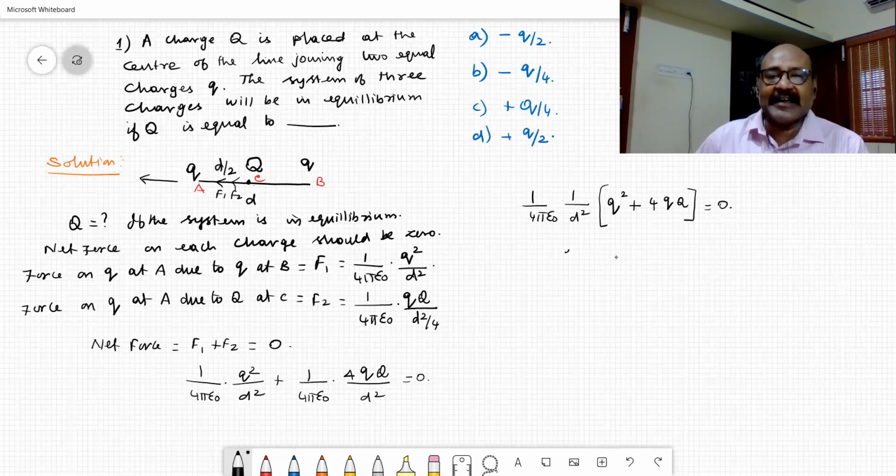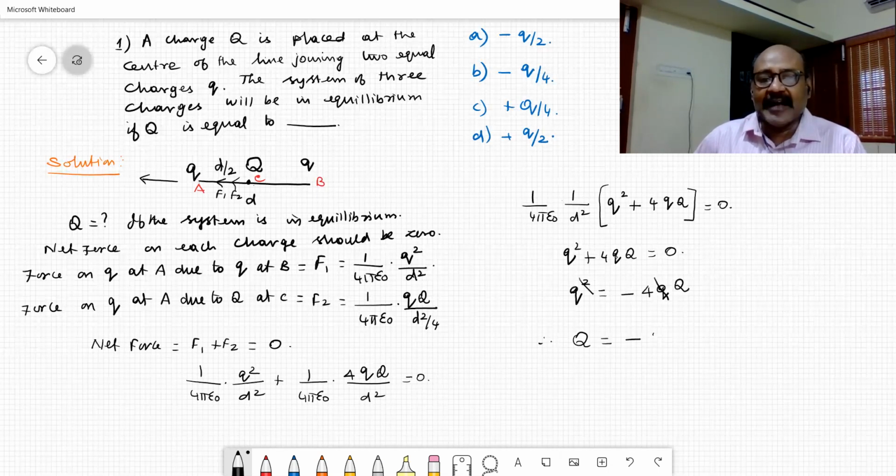So q square is equal to minus 4 into small q into capital Q, taking it to the other side. One of the small q can get cancelled. Therefore, I will be getting the value of capital Q as minus of small q divided by 4.